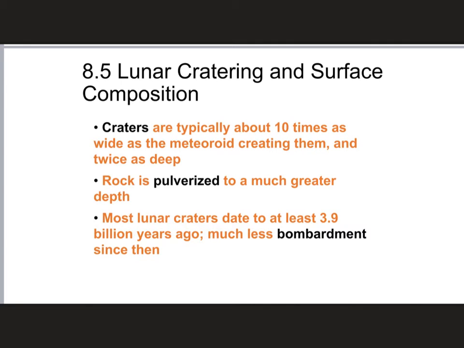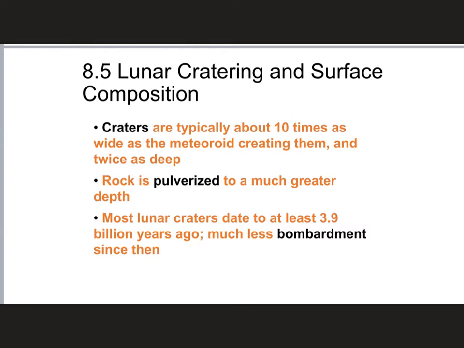When the meteoroid strikes, the rock of the ground is basically pulverized. Much of the surface of the moon is covered in this sand-like material called regolith because these impacts have just busted up the surface of the moon.